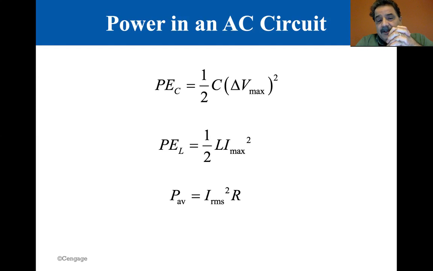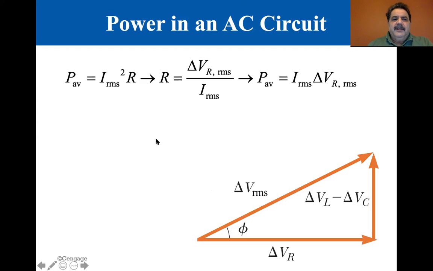times the resistance. Now, we don't have pure inductors and pure capacitors, so there is a little bit of loss in these, but for the most part, we can consider it that there is no loss in a capacitor or an inductor, and all of the internal heating will take place in the resistor.